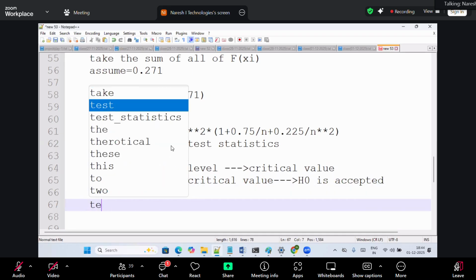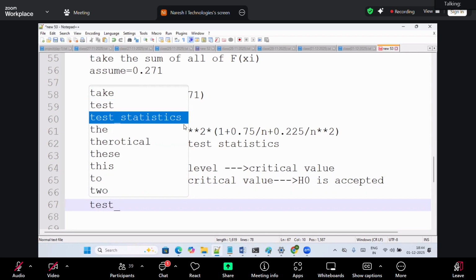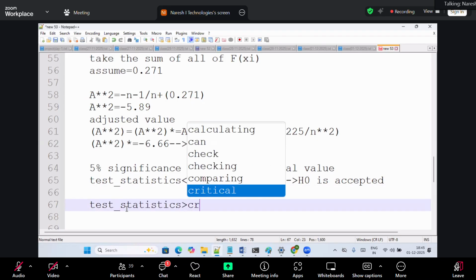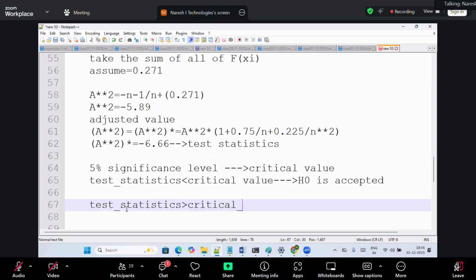If this test statistic is greater than the critical value, then I can say that H1 is accepted.